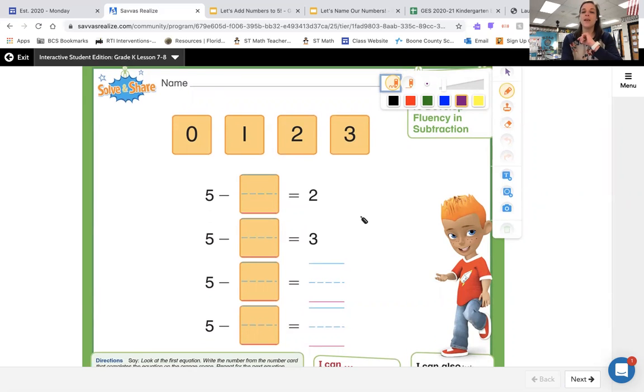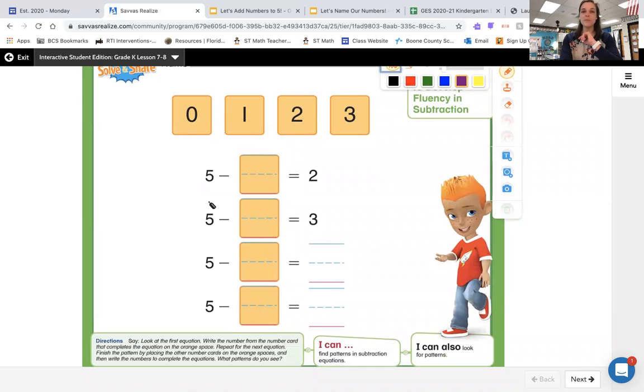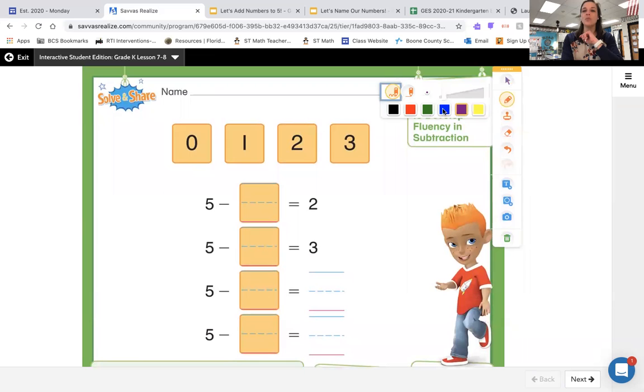So let's go ahead and look at the top problem. As we're working on them, you'll start to see the pattern. It says 5 take away blank equals 2 left over, okay? So when we look at our whole group, we have 5 altogether. So show me 5 on your fingers. So we know that we'll eventually have 2 left over, right?